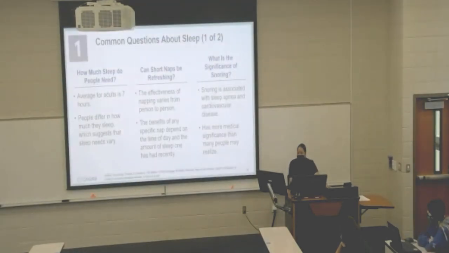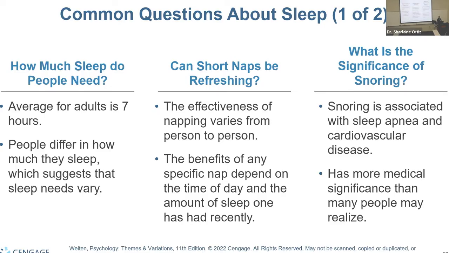Now, these are common questions that we come across when it comes to sleep. Remember, the first one would be: how much sleep do people need? If you recall from our previous lectures, it varies immensely. Newborns can go anywhere from 16 hours and over. Adults tend to need 7 hours.